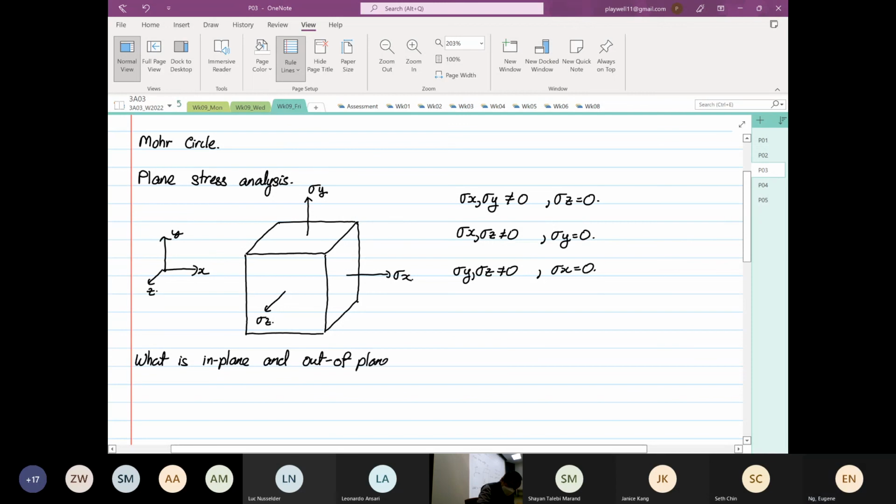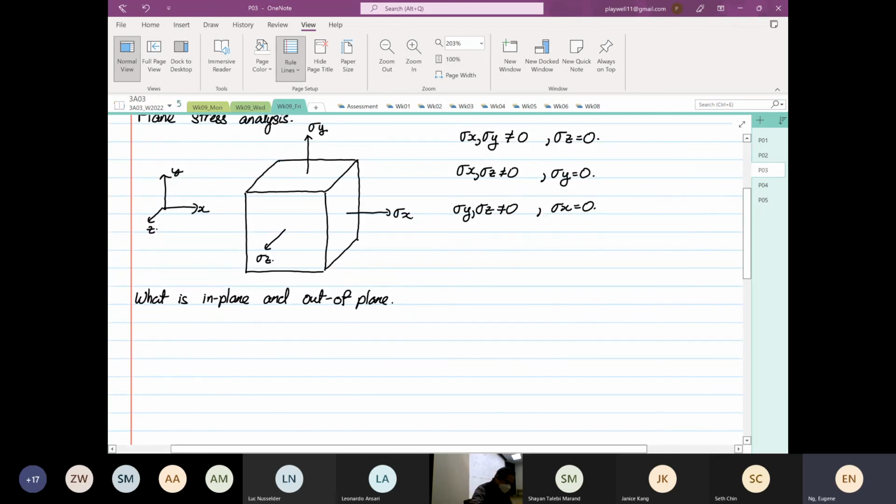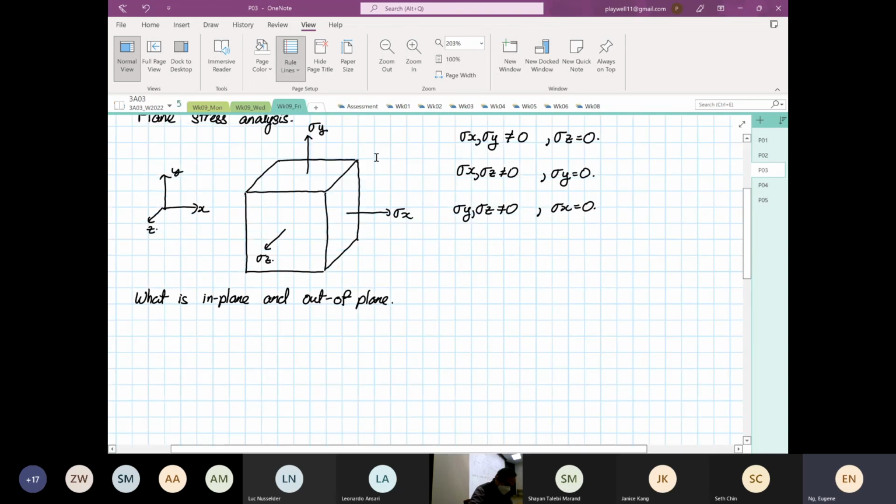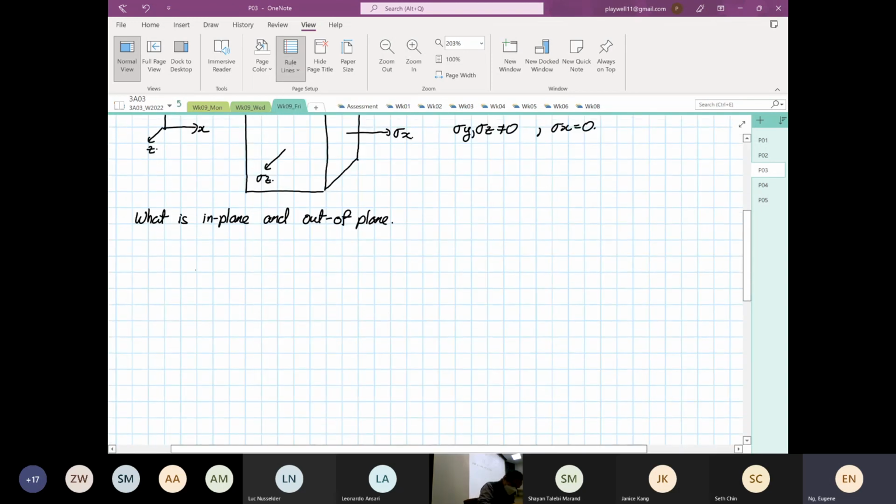I've been trying to read textbooks to find what we mean by in plane and out of plane, and I cannot get a clear definition. So I'm going to draw another element for you that's not necessarily a cube. So the transformation: this is x, this is y, and this is z.